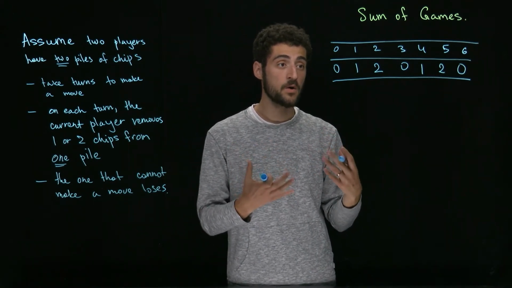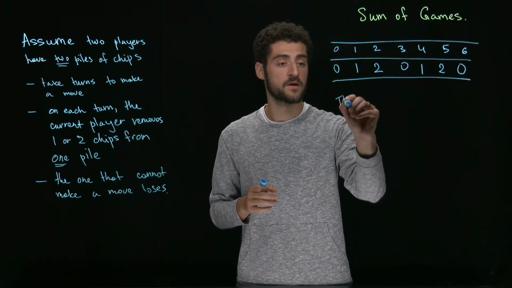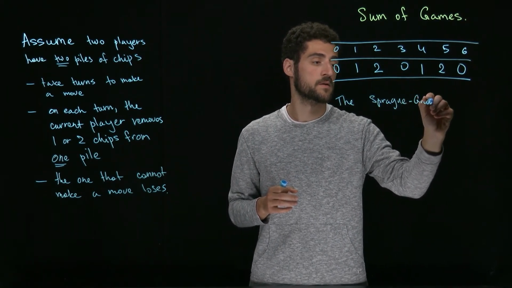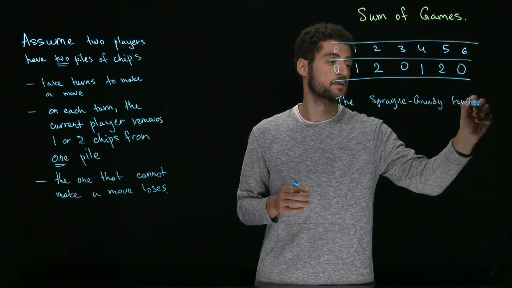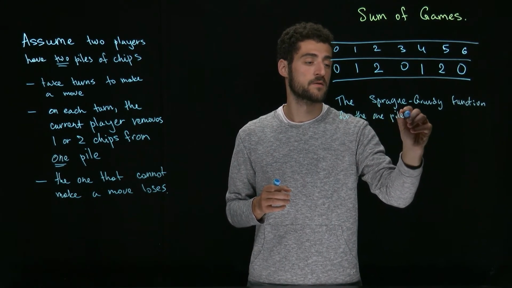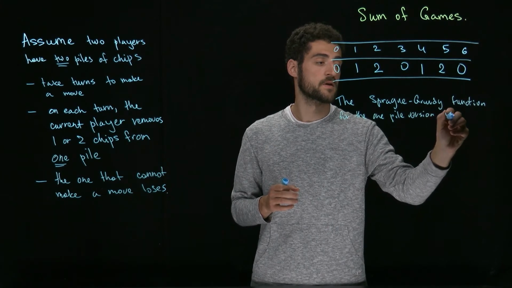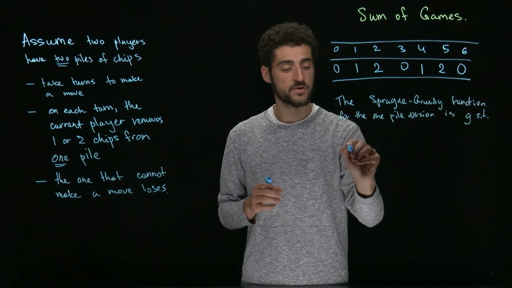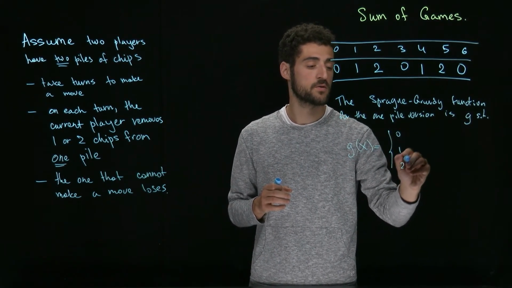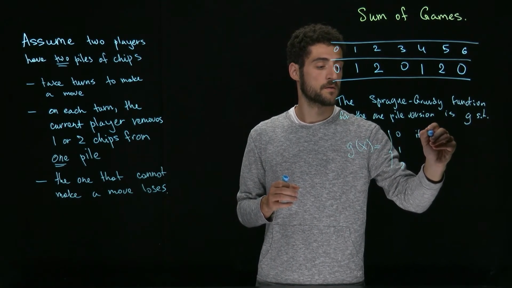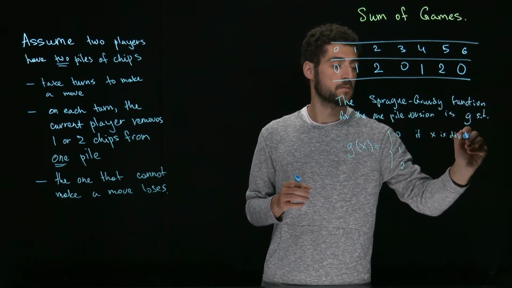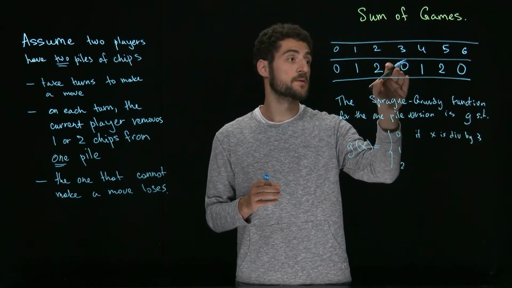So now we can conjecture that the Sprague-Grundy function for the one-pile version of the game is g, such that g of x is equal to 0 if x is divisible by 3, so for 0, 3, 6, and so on.